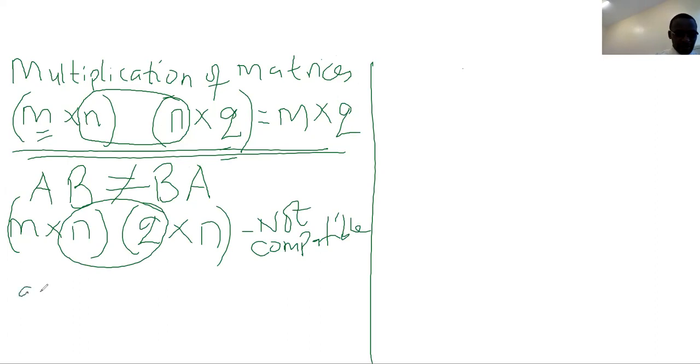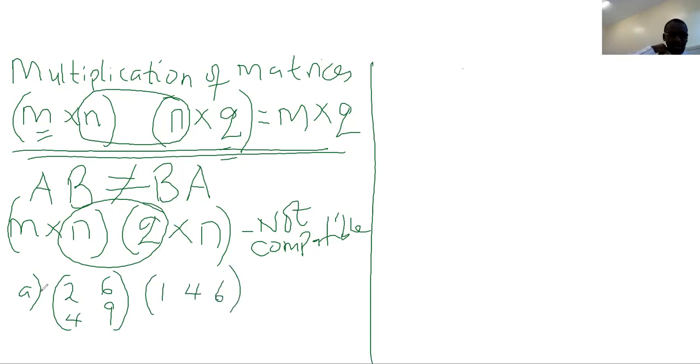Okay, first one. Those are two matrices. Look at the order of the first matrix. It's 2 rows, 2 columns, so order 2 by 2. The next one is 1 row, 3 columns, because it's 1, 4, 6.